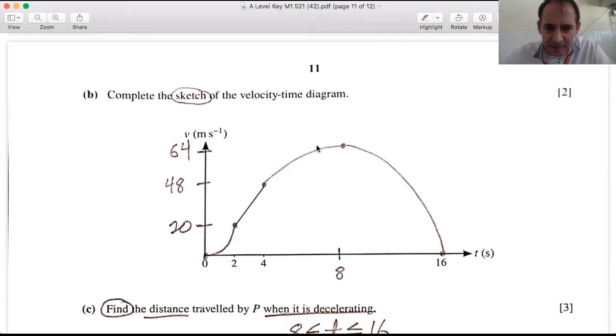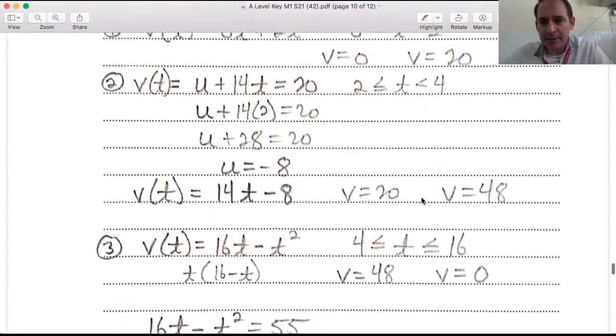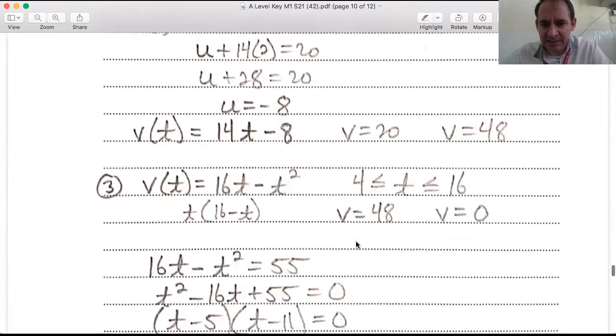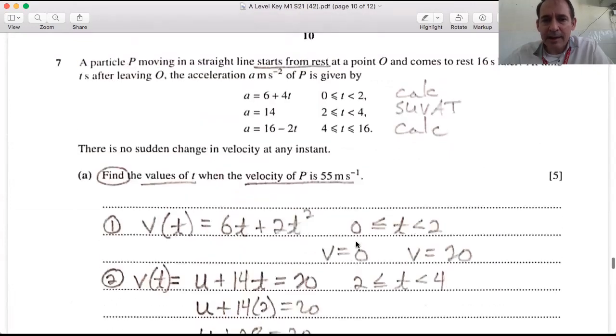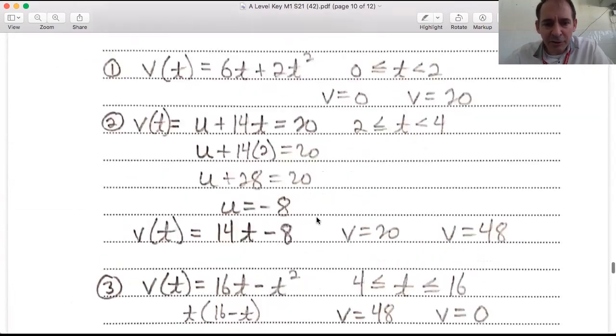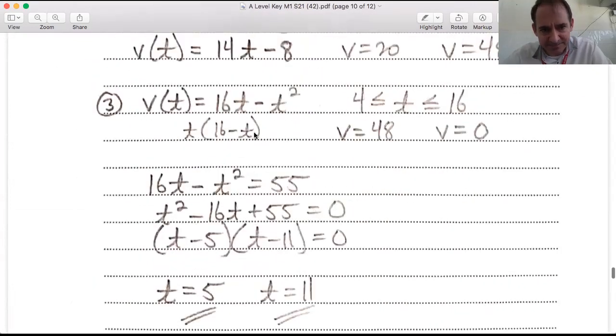So you need to figure out where that maximum point is. And you know that this goes actually from 0 to 16, but the part that we draw is only from 4 to 16. But we also know from this that it does start at the origin 0 and 16.